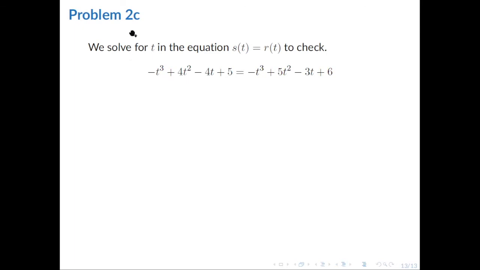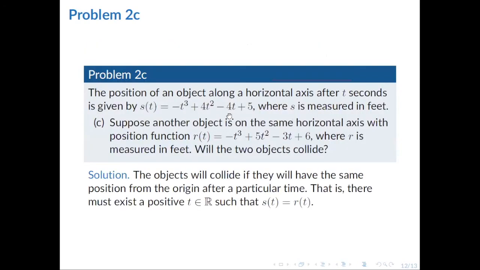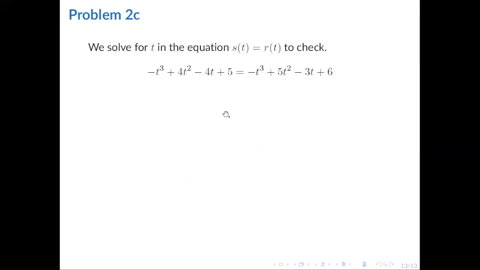So we substitute. This is s of t, this is r of t. Let's simplify the equation. We get negative t squared minus t minus 1 equals 0. Let's make it positive: t squared plus t plus 1 equals 0. We can express this as the quantity t plus 1/2 squared plus 3/4 equals 0.